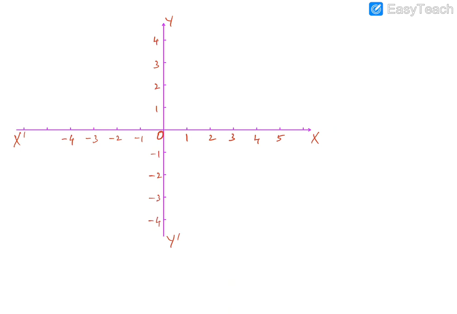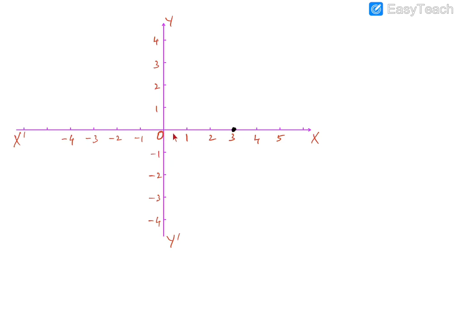So suppose a point lies on the x-axis. Let's say the point lies at this particular point, at the number 3 on the x-axis itself. What are the coordinates of this point? So first of all, what is the x-coordinate of that point? The x-coordinate is the distance of that point along the x-axis from the origin.